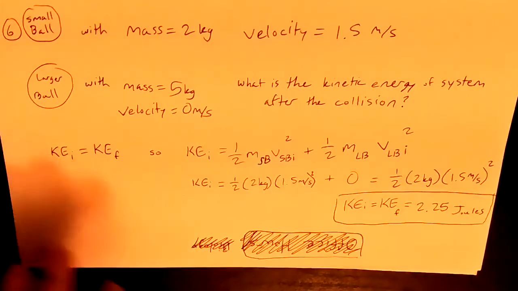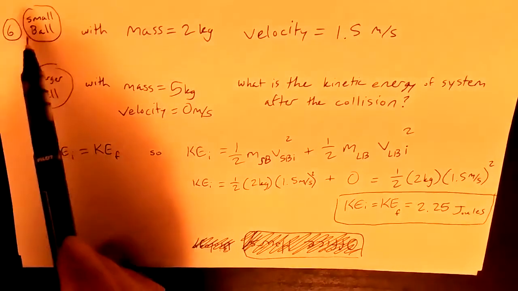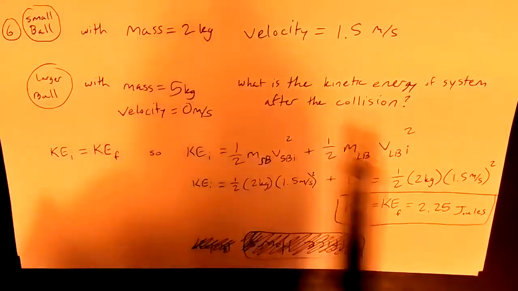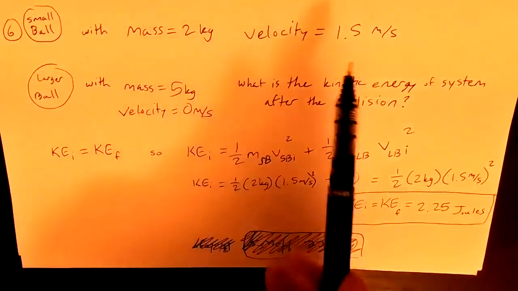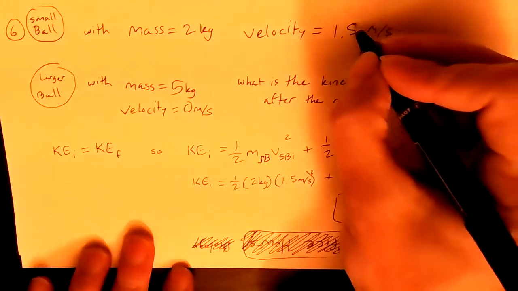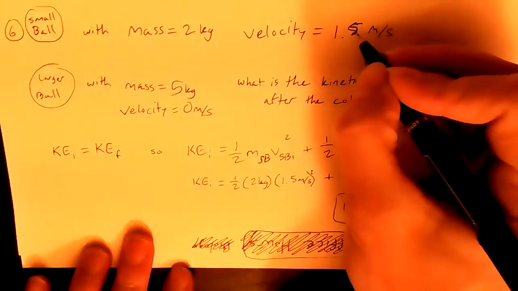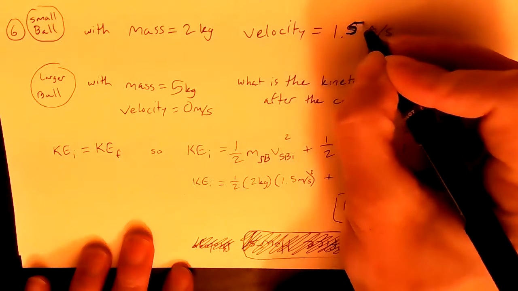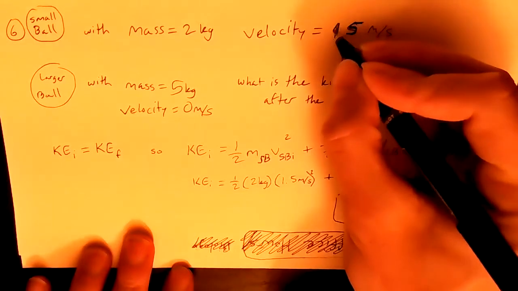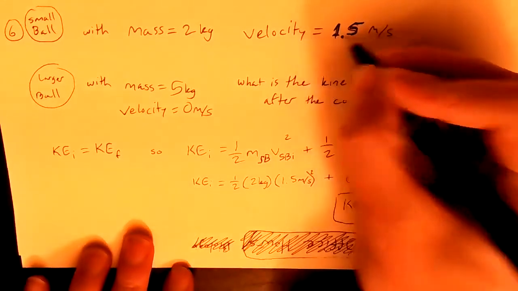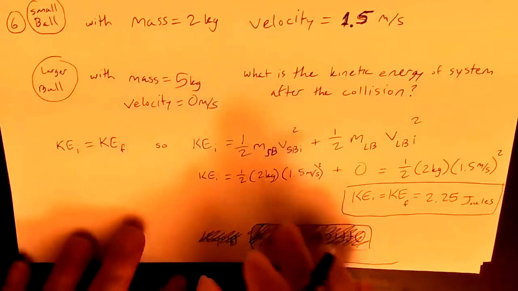But for number 6, we have a small ball with a mass of 2 kilograms and a velocity of 1.5 meters per second.